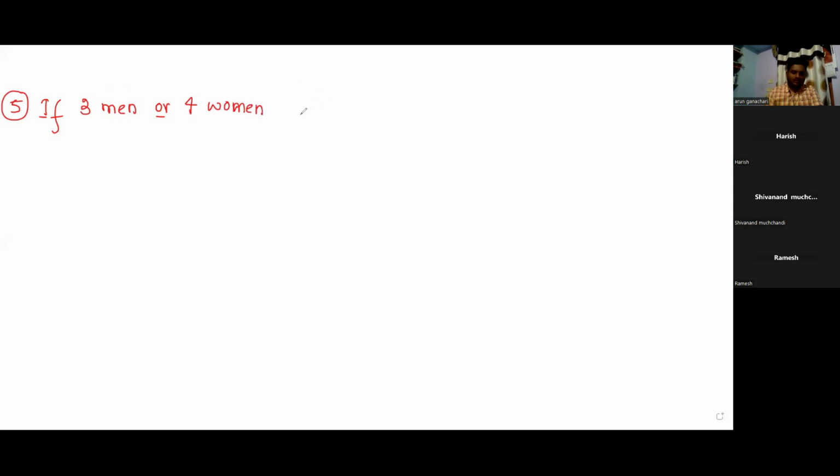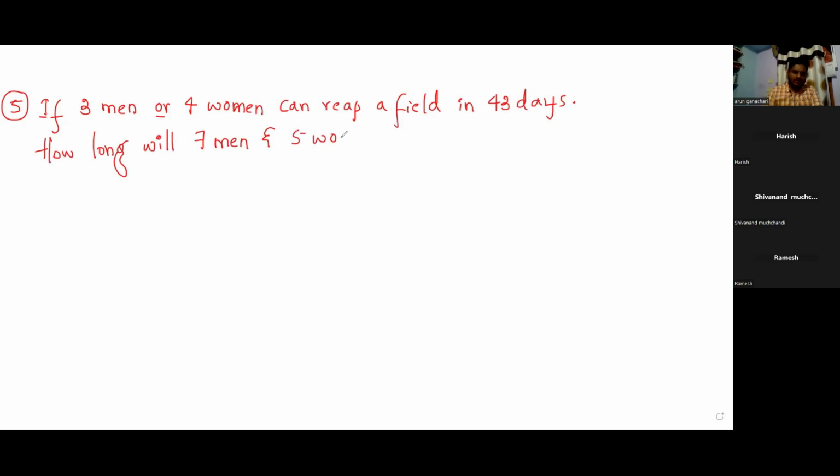If 3 men or 4 women can reap a field in 43 days, how long will 7 men and 5 women take to reap it?